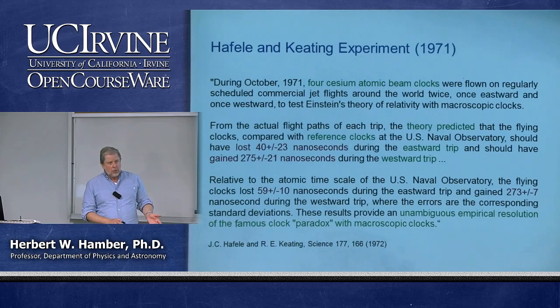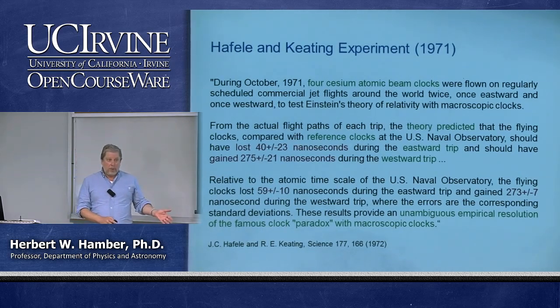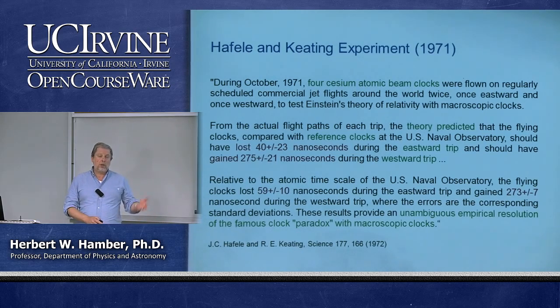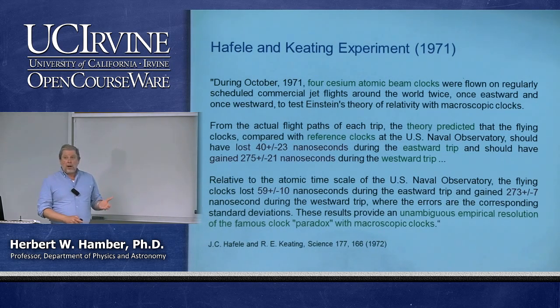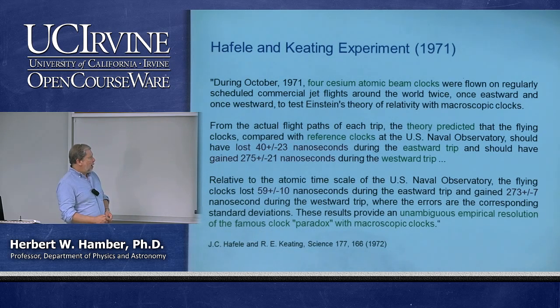So there was a reference cesium clock in Washington, D.C., and they could compare whether you actually had these time dilation effects when you were up in space, right? Because an airliner, even back then, would fly at something like 30,000 feet, so you would see the effects of the gravitational field weakening.